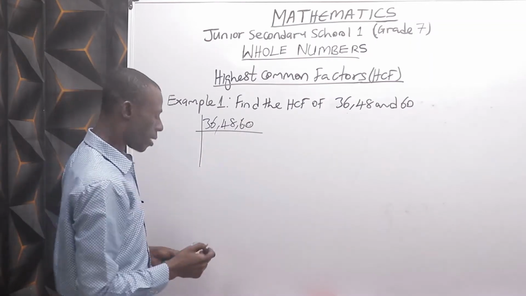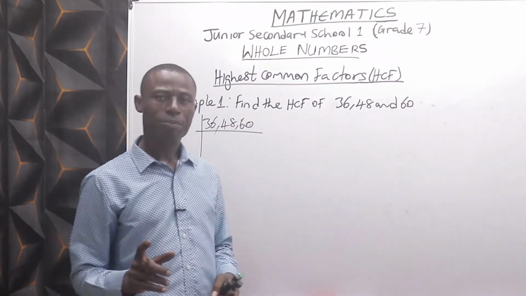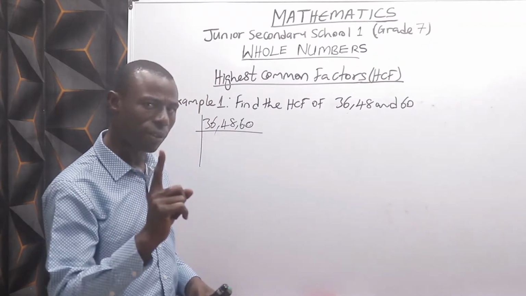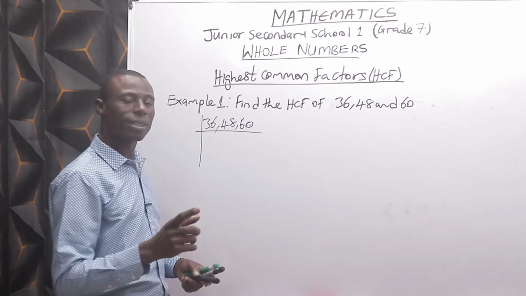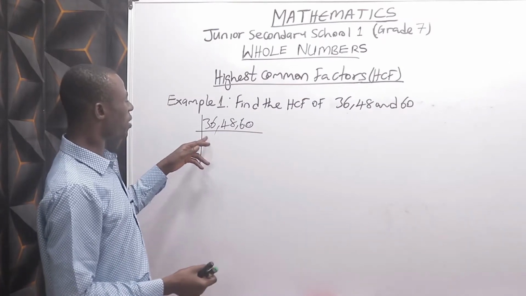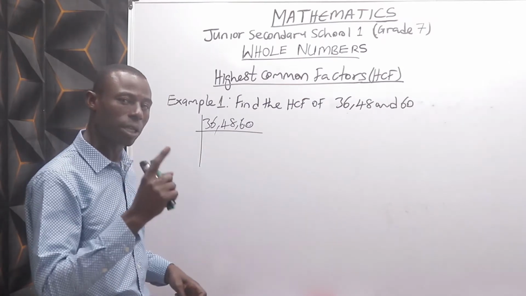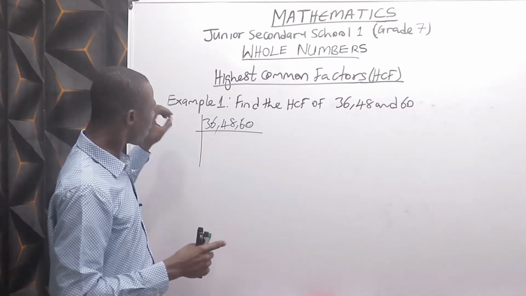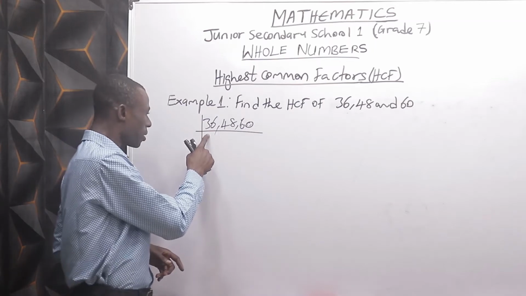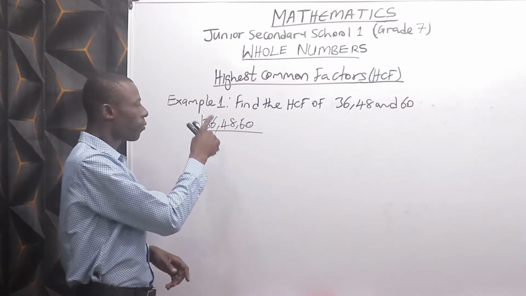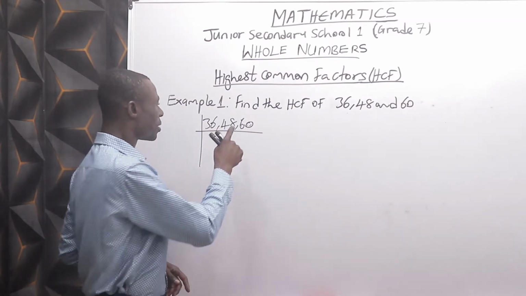To find the HCF, listen carefully. There is a very sharp difference between LCM and HCF: for the HCF, we use only the factor that can divide all the numbers involved. The factor that can divide 36, that can divide 48, that can divide 60.